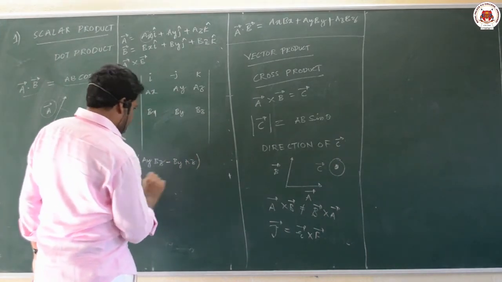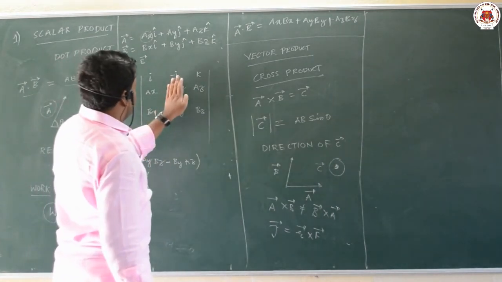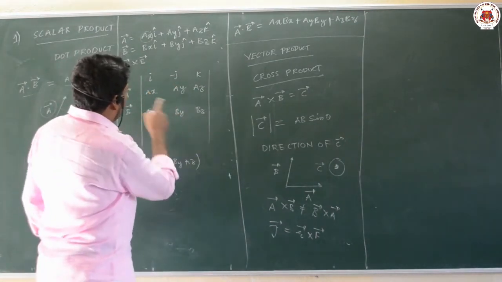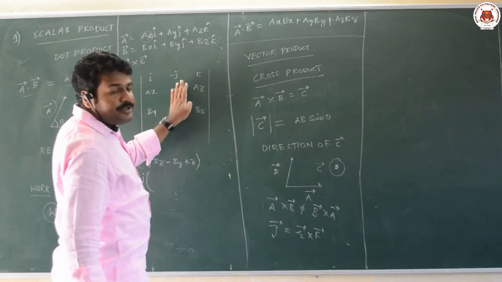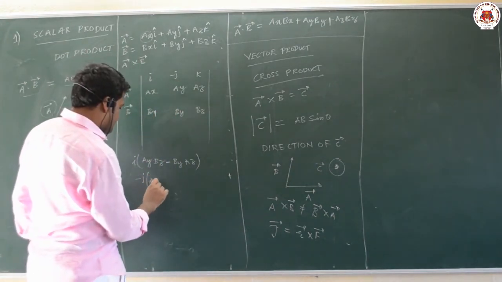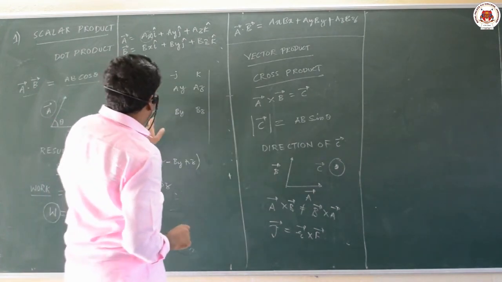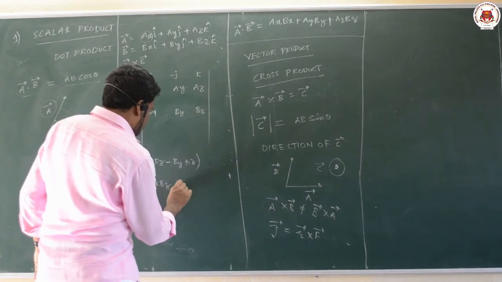Next minus j, j you close, coming down, cross multiply the remaining terms. Remaining terms you cross multiply, ax bz minus bx az.